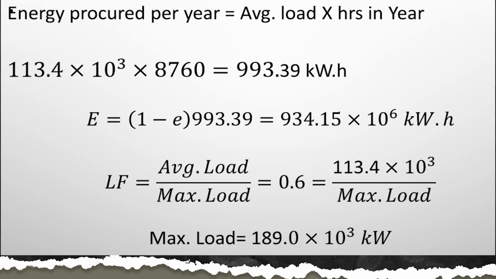Now the next very important term. For this capacity factor, we have found the annual energy produced per year. Now how do we move further with the load factor? Load factor is the average load to the maximum load.